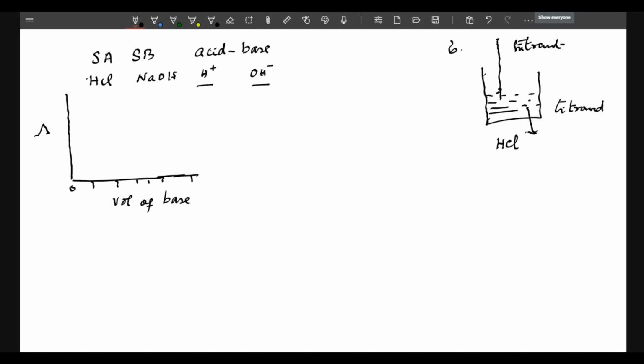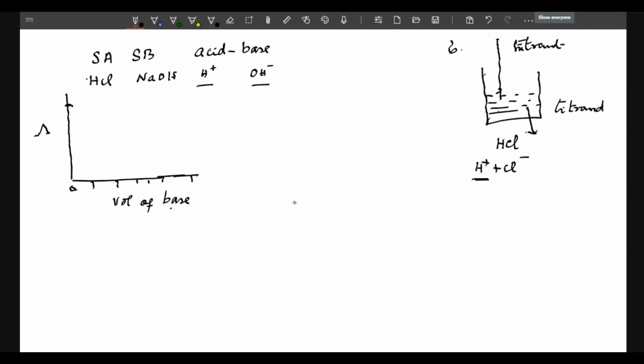What happened? Here HCl is completely ionized as H plus and Cl minus. The conductivity of the H plus ion is very high, and the amount of H plus ion present in the conductivity cell is high. Therefore, even before adding the base, the conductivity of the HCl is higher.